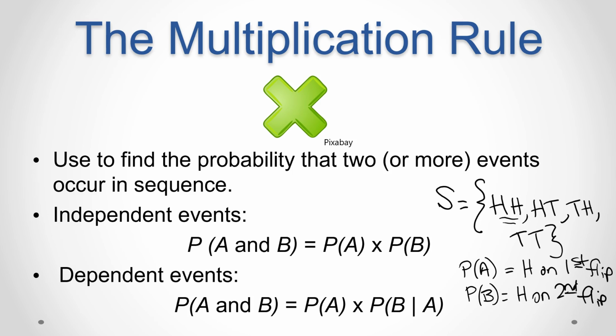The multiplication rule for independent events is probability of A and B equal to probability of A times the probability of B.